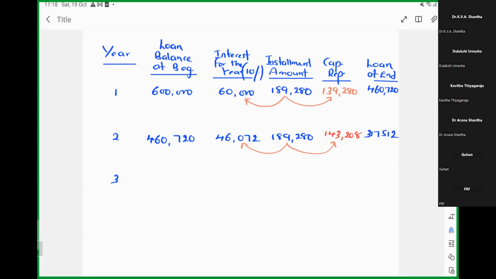That becomes the beginning balance in the next year, year 3. Then interest is 10% of the beginning balance, 31,751.